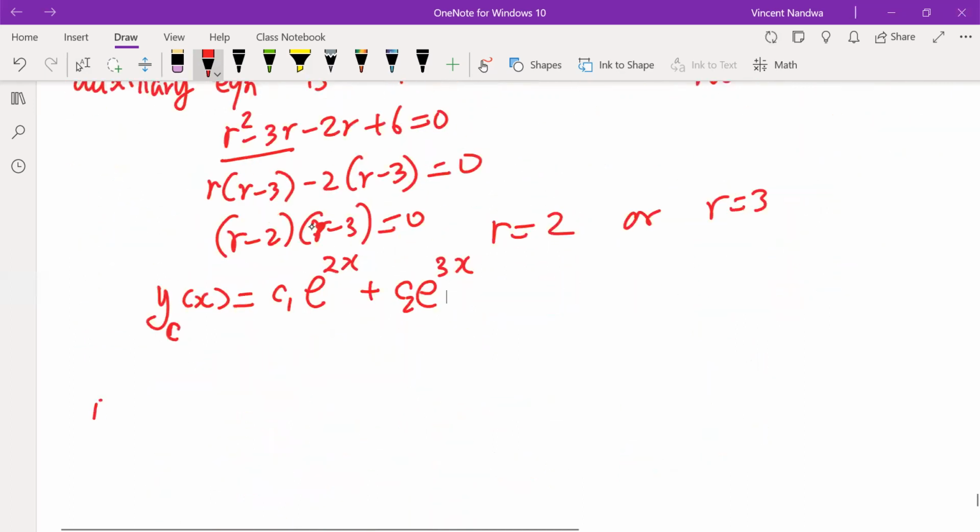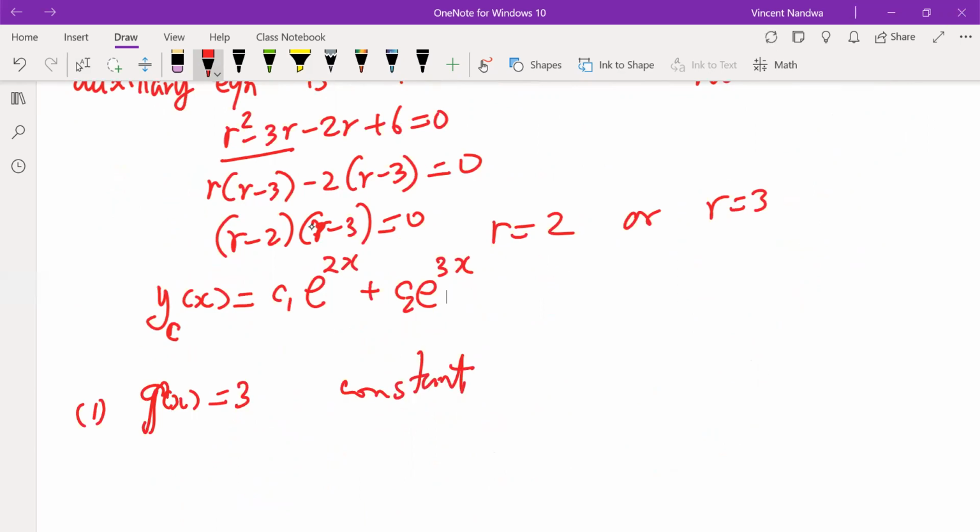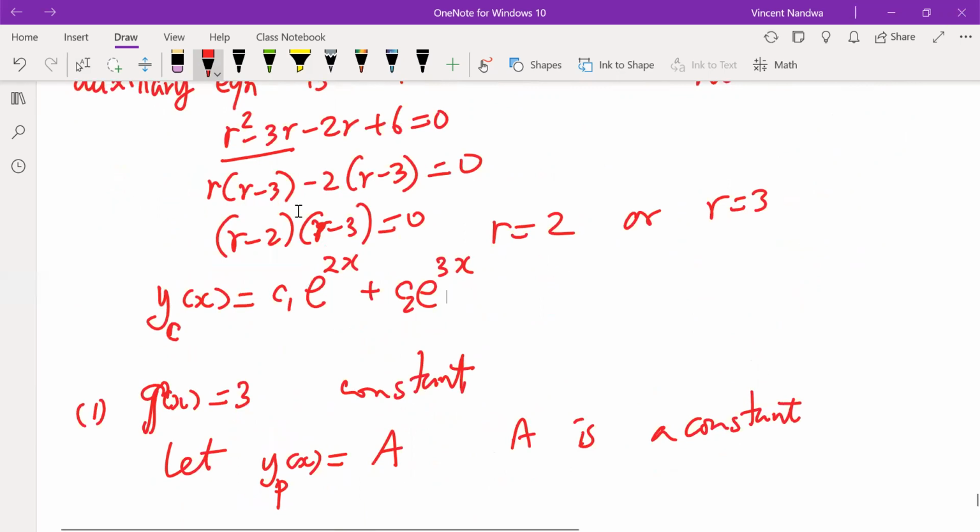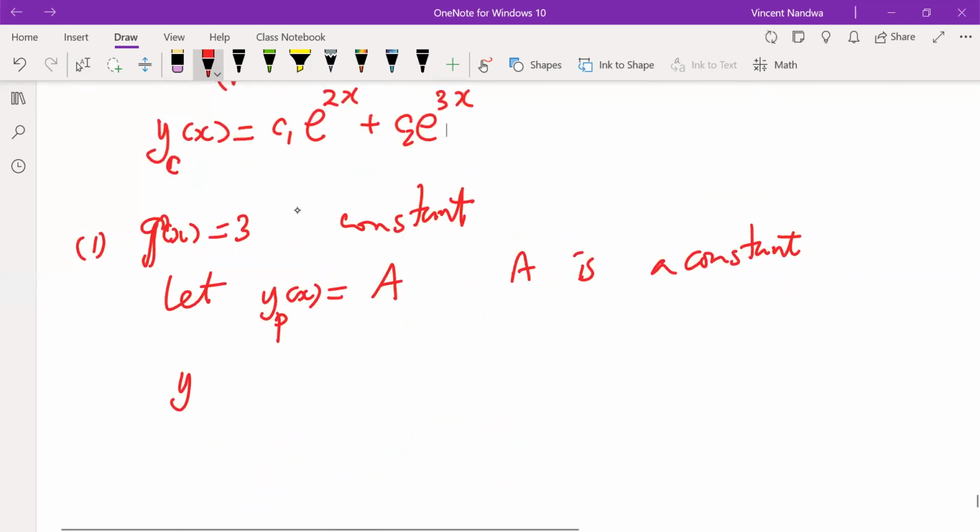So Roman 1, g of x is given by 3, which is a constant. And remember, when we have a constant, we let our trial particular solution yp be a, where a is a constant. Then yp prime will be 0, and yp double prime is also 0.